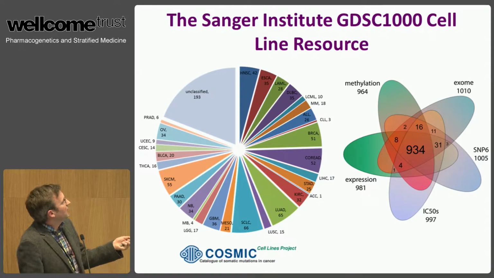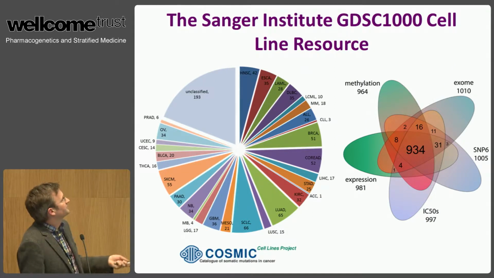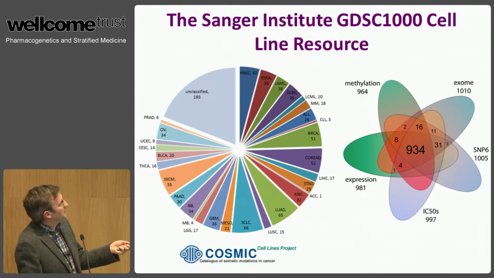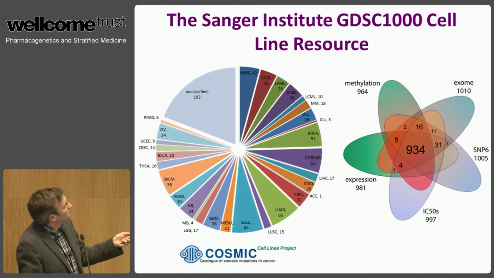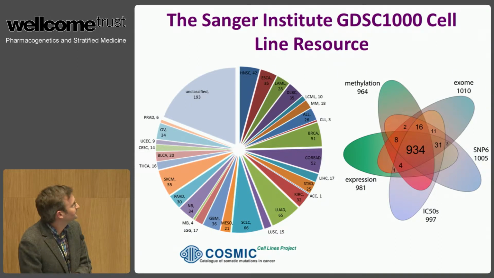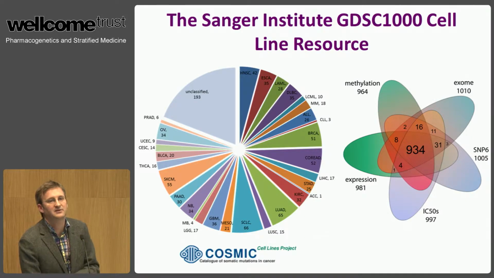That means that over 1,000 of the cell lines have been whole exome sequenced. We have SNP6 copy number for over 1,000. We also have array-based and increasingly RNA sequencing-based expression data. We also have genome-wide methylation data. And as I mentioned, we have drug response data for many of these lines.